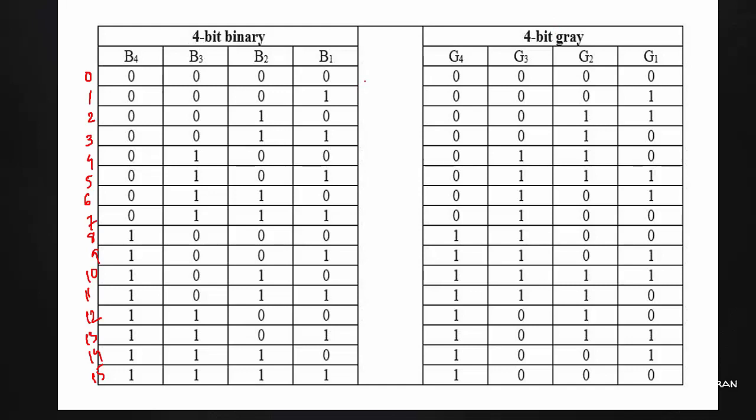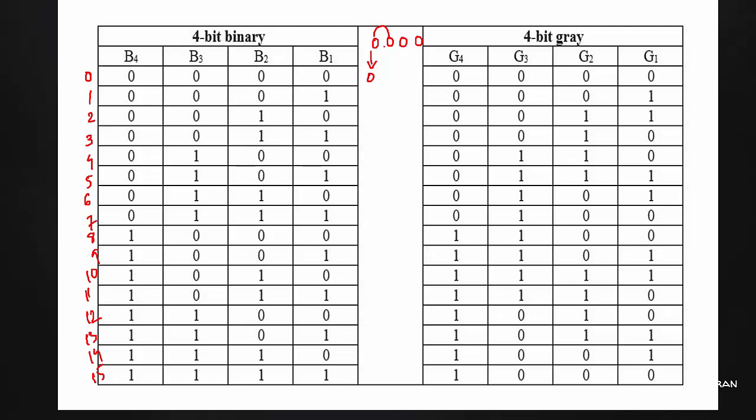So how do we get the gray code equivalent of a given binary number? The procedure is like this. Suppose this is the given binary number. In order to get its gray code equivalent, write the MSB bit as it is here. Then perform XOR operation between each two adjacent bits.